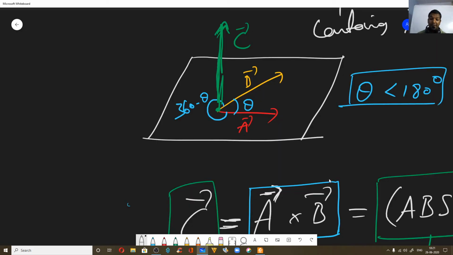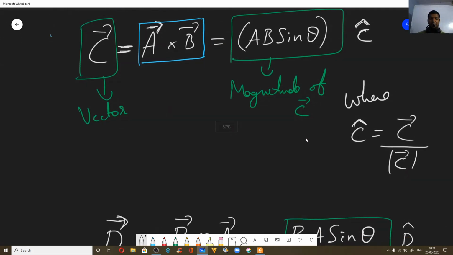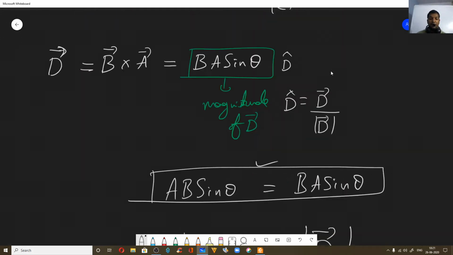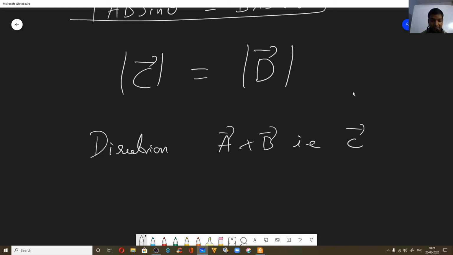What we just saw was that the direction of A cross B and the direction of B cross A are exactly opposite. The direction of A cross B, that is vector C.